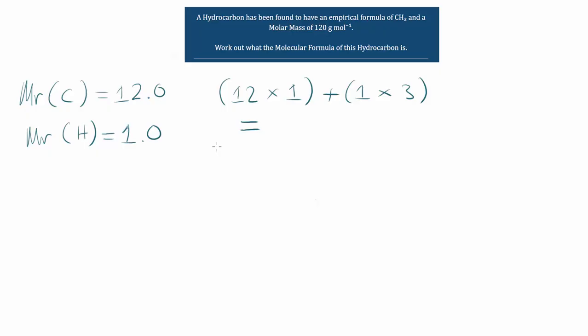Well, if you work that out, you find that that gives you 15, okay? So that's going to be 15 grams per mole. Or should I say, the MR of CH3 is going to be 15 grams per mole, right?